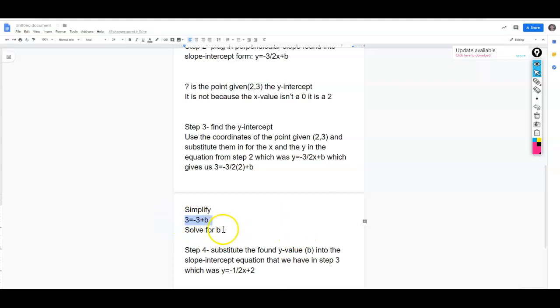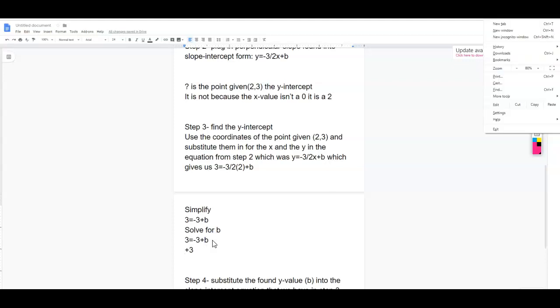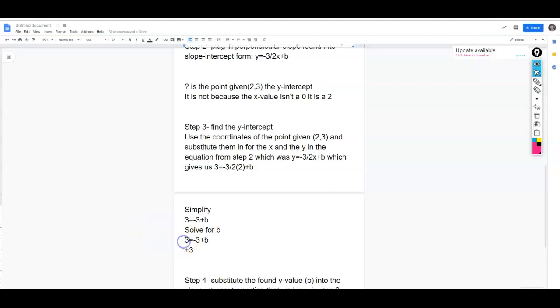Correct. So we're going to add 3 to both sides.